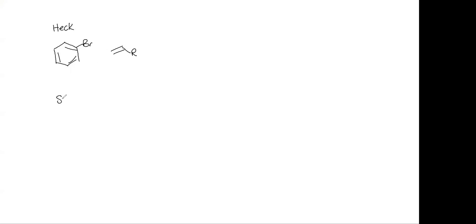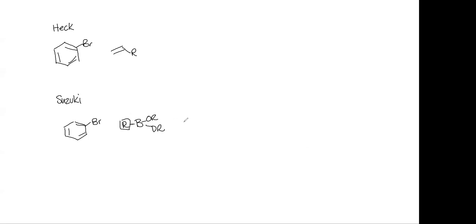But Suzuki is a little bit more generic and more broad, because all I have to do is basically take my borate ester and add to it whatever R group I want.